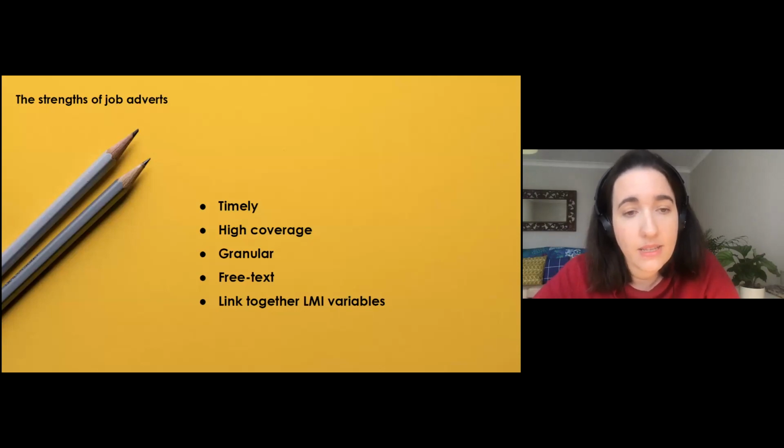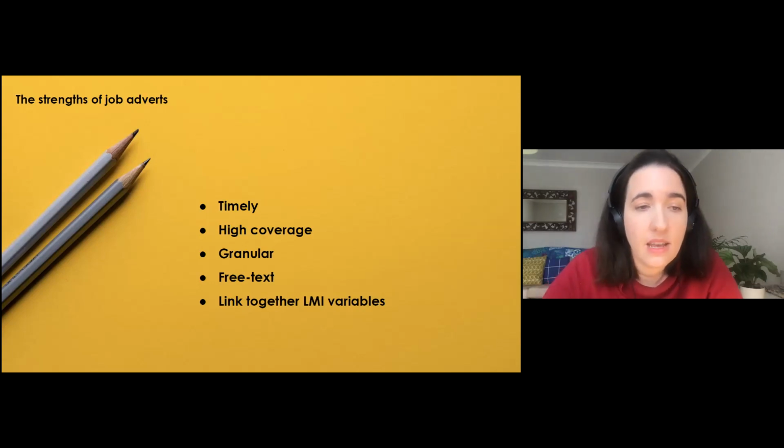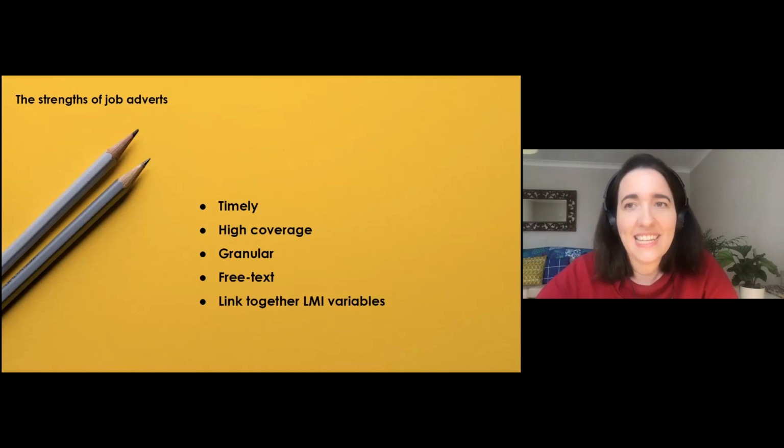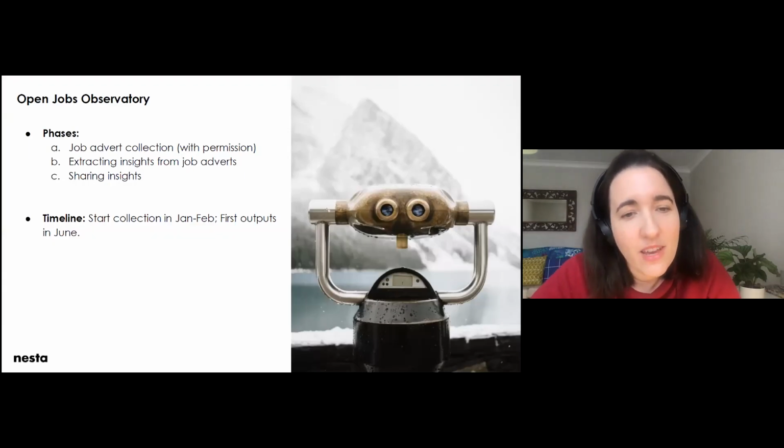That enables us to detect new skills and new jobs. I think the greatest strength of adverts is that they enable us to link together different pieces of labour market information. They provide that crucial link between skills and jobs, jobs and salaries, salaries and locations, etc. And so we can really use them to enrich the official labour market information that's available. There are 3 phases to the project.